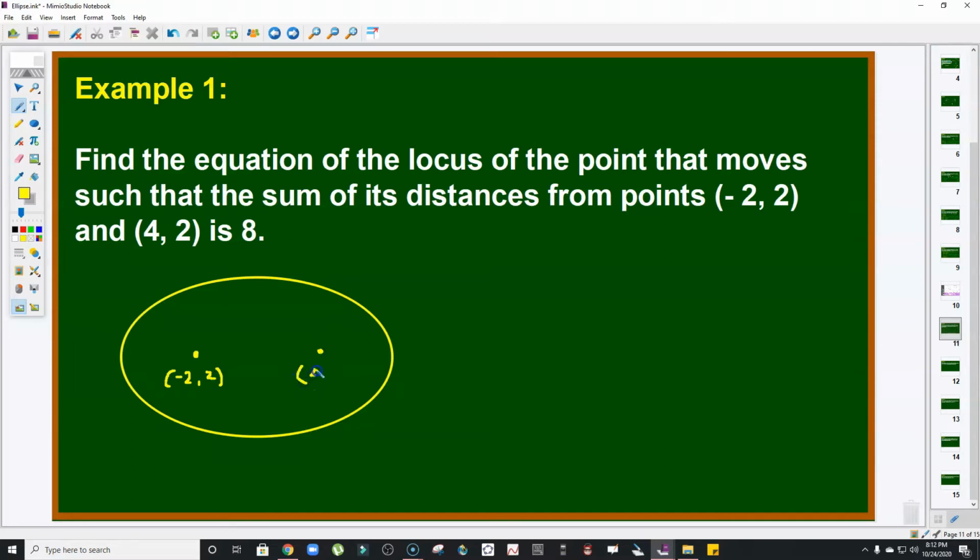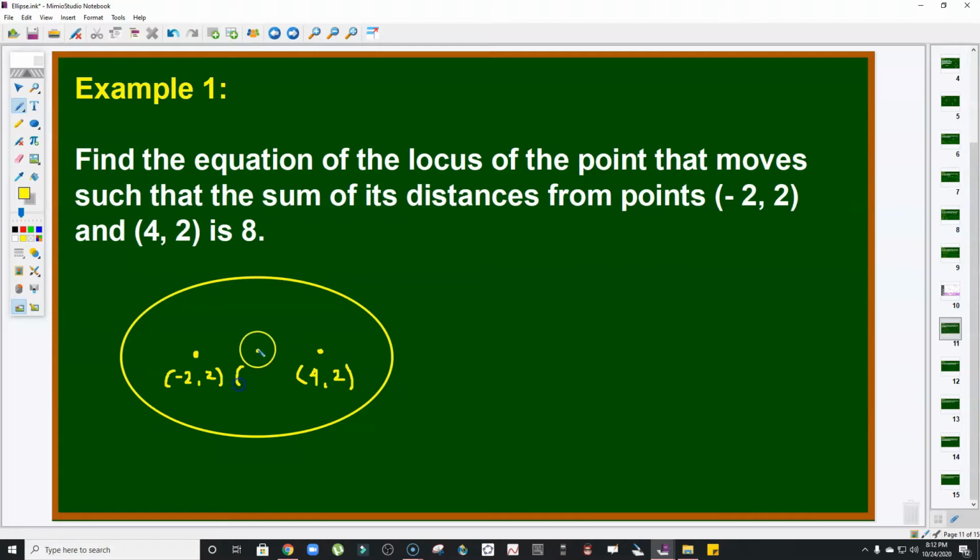Since the foci have the same y, the major axis is parallel to the x-axis, or horizontal. Now, what can we get from the foci? The midpoint of the foci is the center.